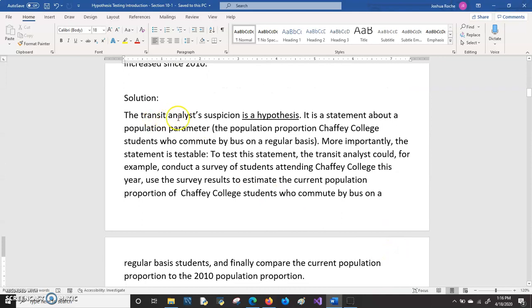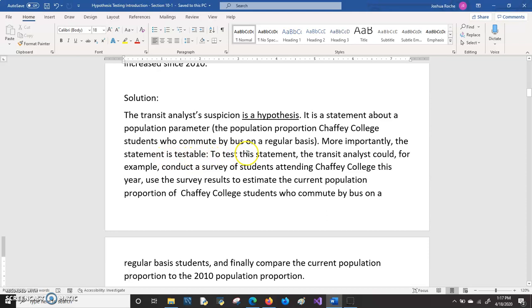The transit analyst's suspicion is a hypothesis. It's a statement about a population parameter. In particular, it's asking about the population proportion of Chaffey College students who commute by bus on a regular basis. More importantly, the statement is testable.